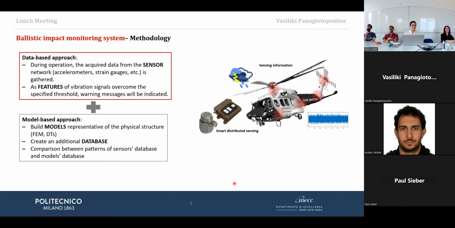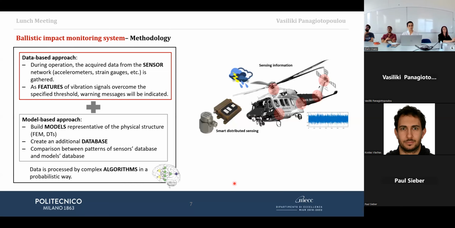So it may be a database approach or a model-based approach, or a combination of those two approaches. But in the end, we will exploit this data by implementing algorithms in order to get some estimations about the state of the structure. And one of the best ways would be also in a probabilistic way.